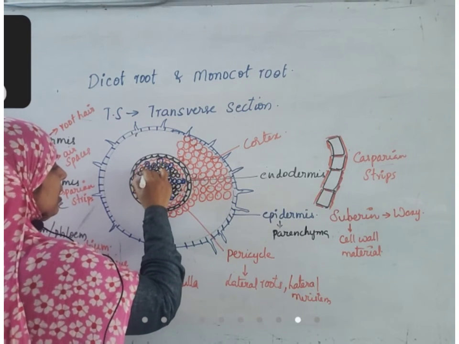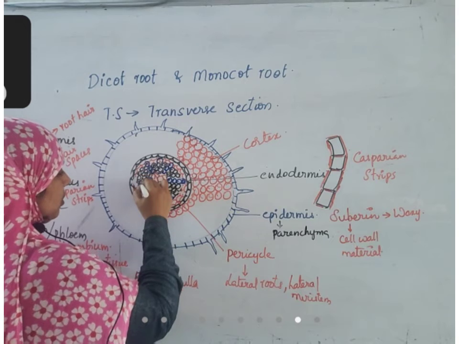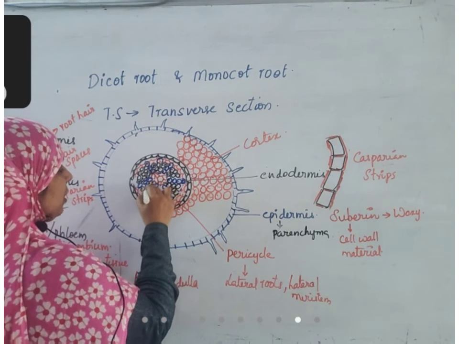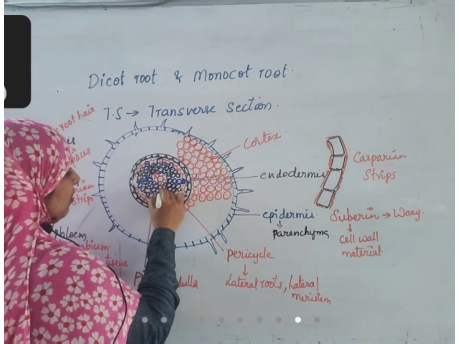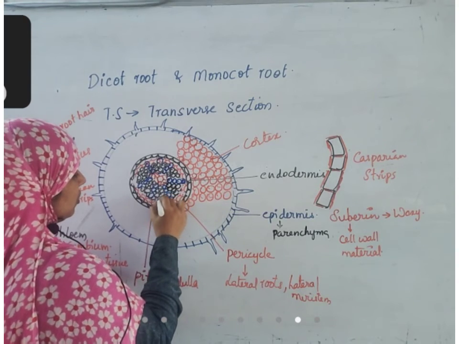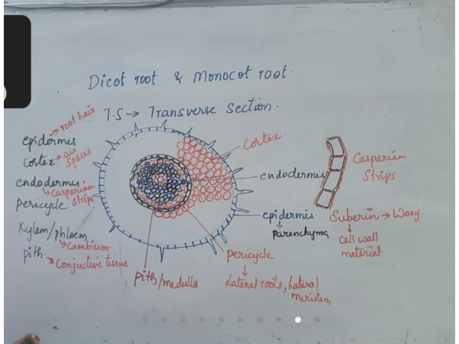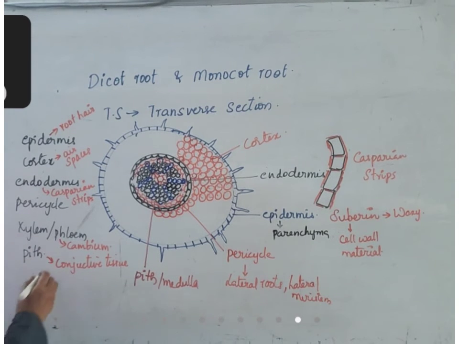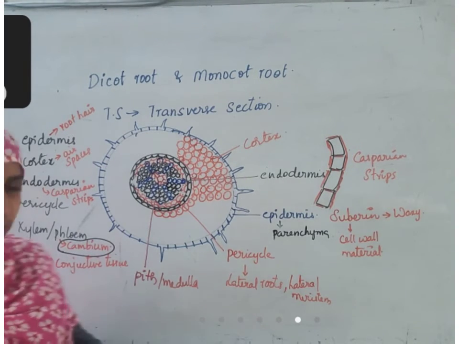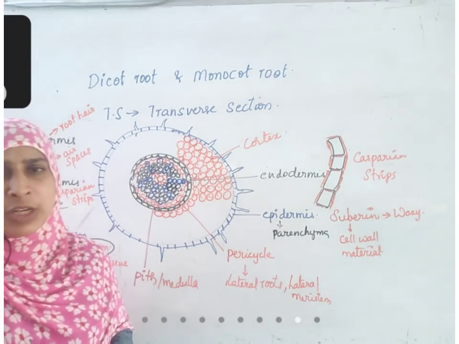Six vascular bundles are present. Minimum 6 pairs of xylem and phloem are present. Okay? That is the main difference. The second difference is cambium is absent in case of monocot root. Cambium is not present. Even in the later stages of life, cambium will not form.